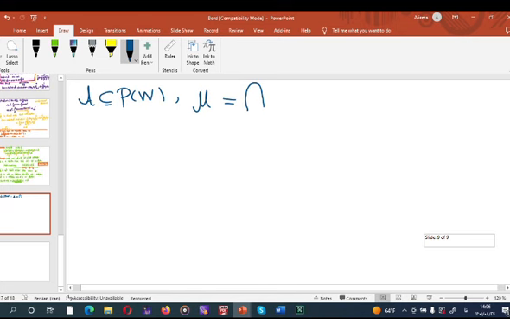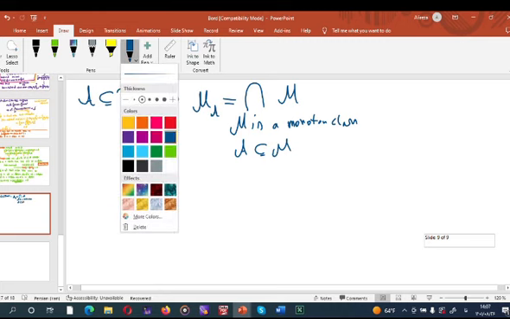We can consider M_A, okay? All M such that M is a monotone class and A is a subset of M. This is our index set, okay?